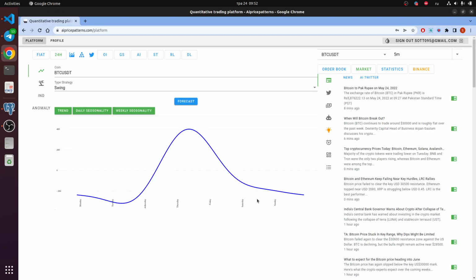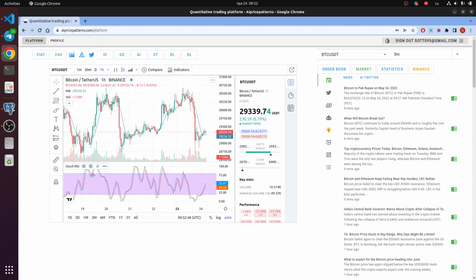It means we have different volatility and some activity from large traders, and we have some big momentum on the price of Bitcoin.